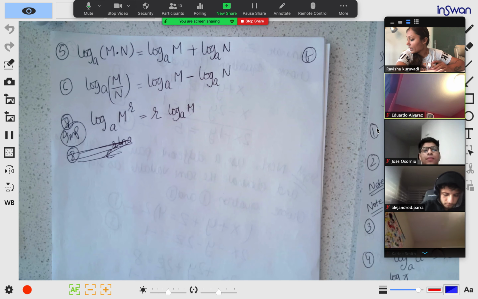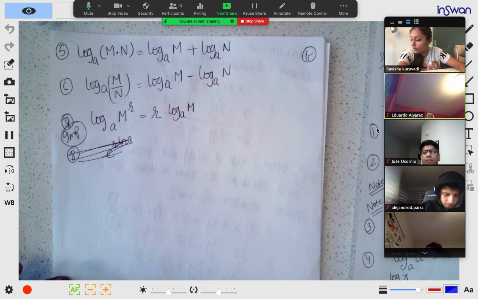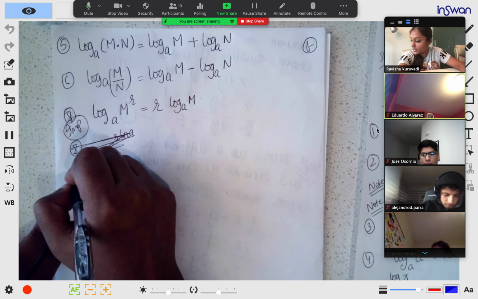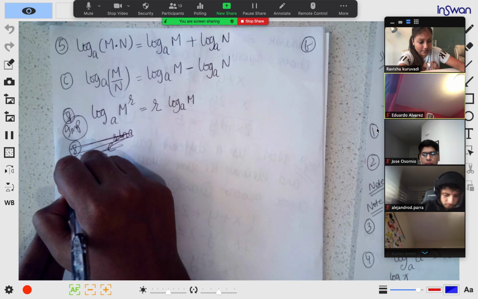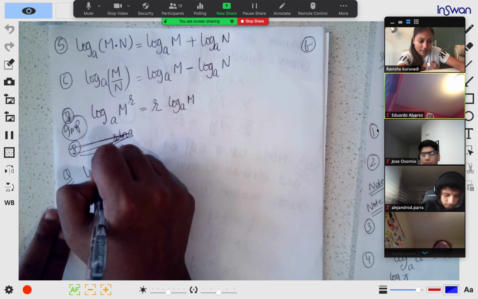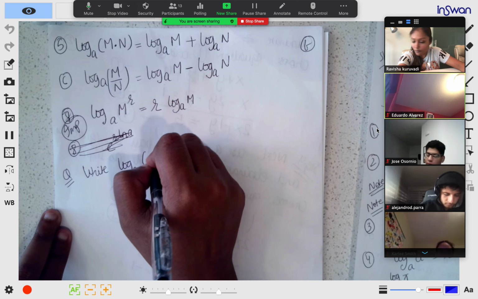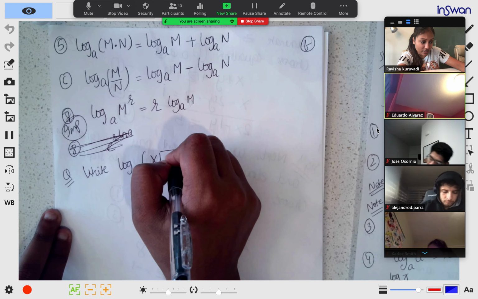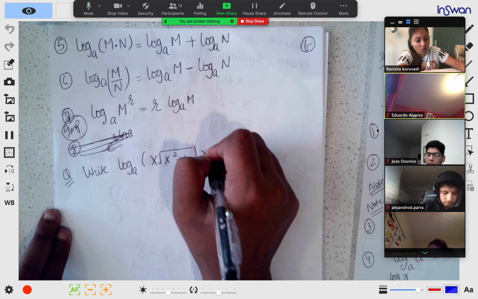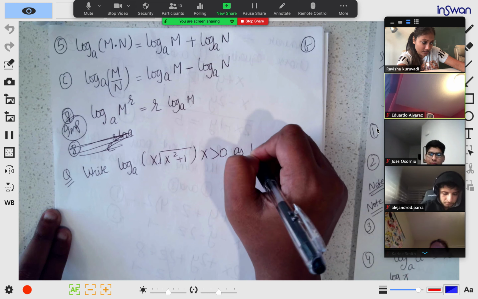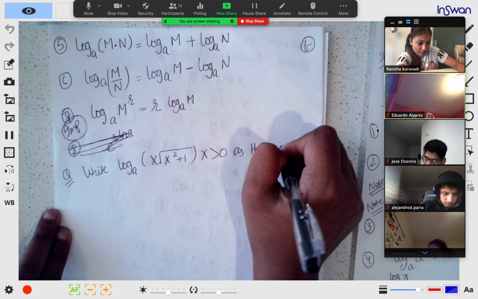Okay. The question you'll get on this will be given as: write log base a of x times square root of x square plus 1, x greater than 0, as the sum of logarithms.